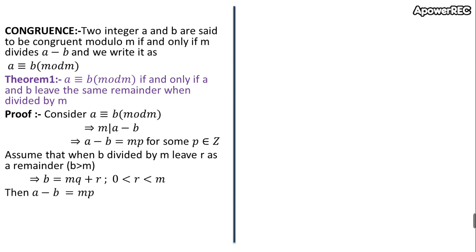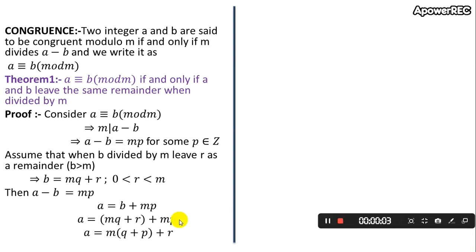Then a minus b equals mp, as we have in the above line, which implies that a equals b plus mp. We take negative b to the right hand side. We get a equals b plus mp. That is nothing but a equals, replacing the value of b from the division algorithm statement, a equals mq plus r plus mp.